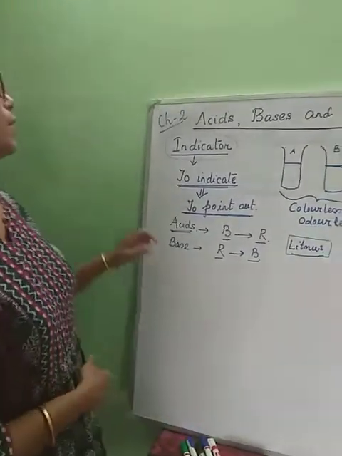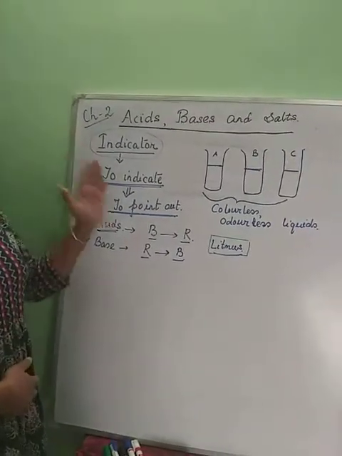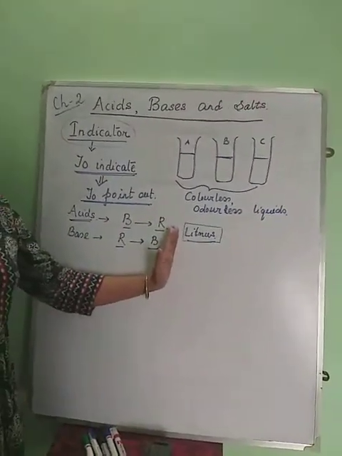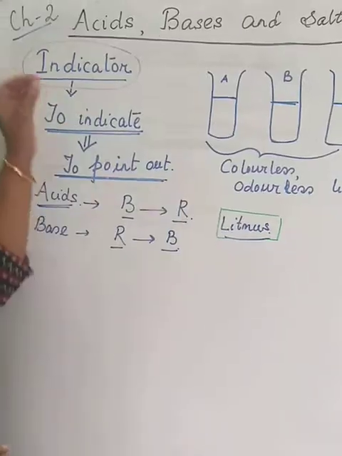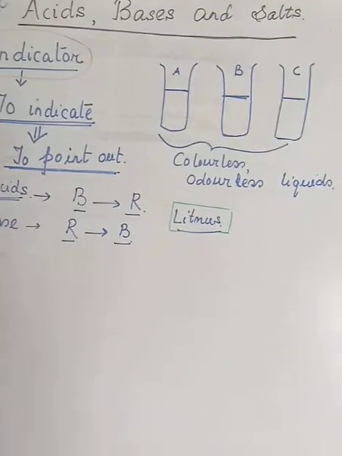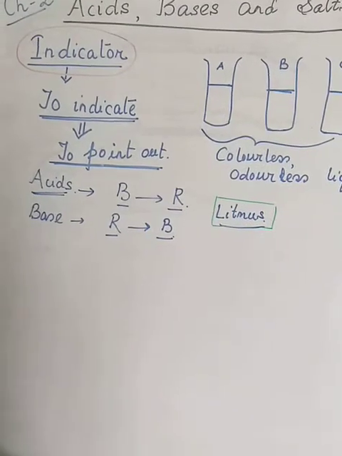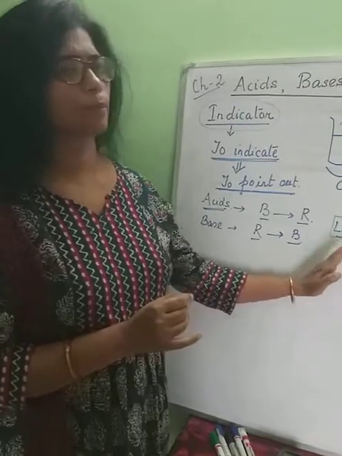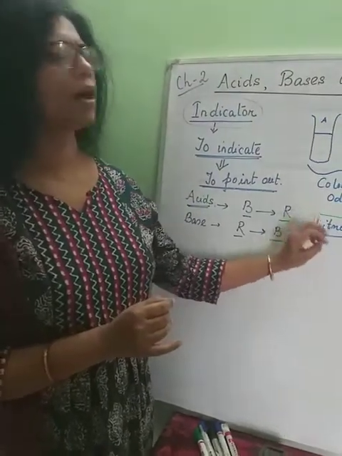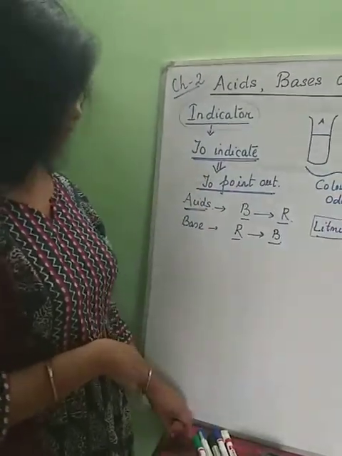Besides litmus, we have some other natural indicators too, that is the China rose extract and turmeric powder. All these are natural indicators.